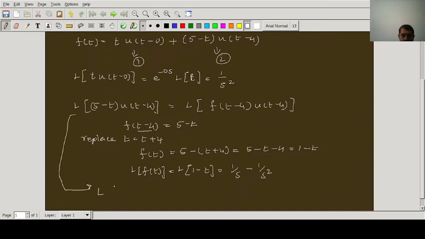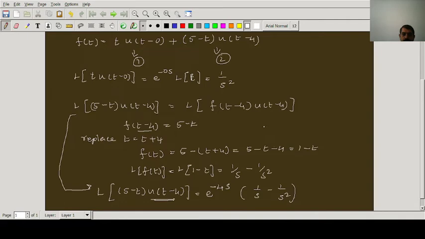Laplace of 5 minus t into u of t minus 4 is e power minus 4s into the answer we got, 1 by s minus 1 by s square.